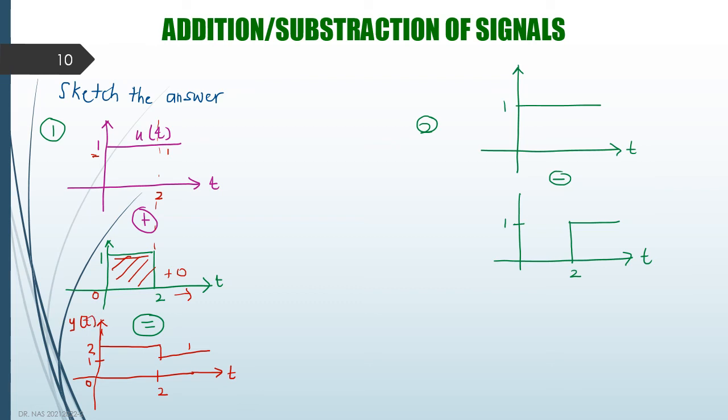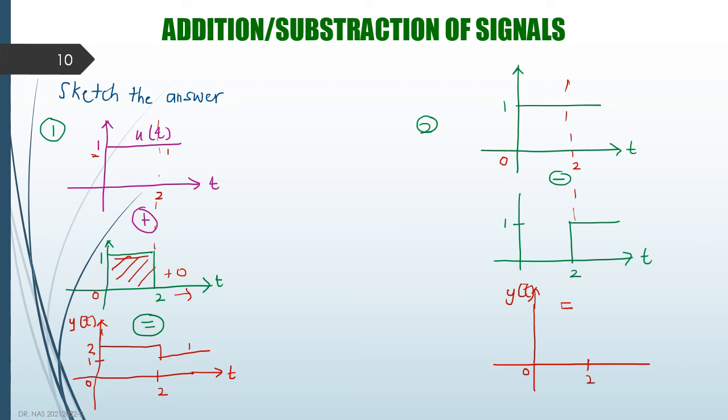Let's look at another example. Again, you have two portions, up to 2. So this is equivalent to, again, 0 to 2. Let's consider the amplitude from 0 to 2.